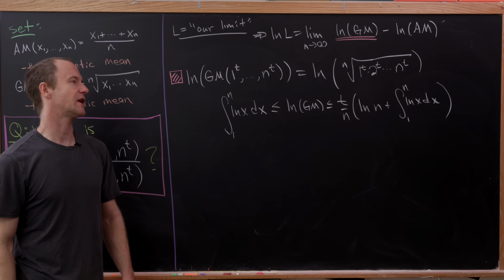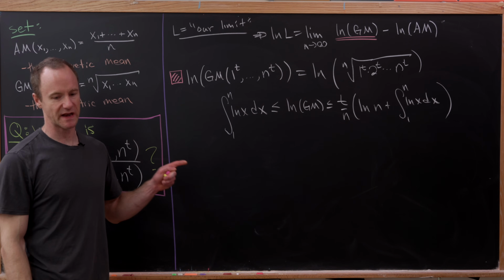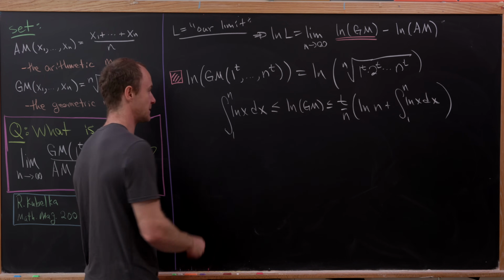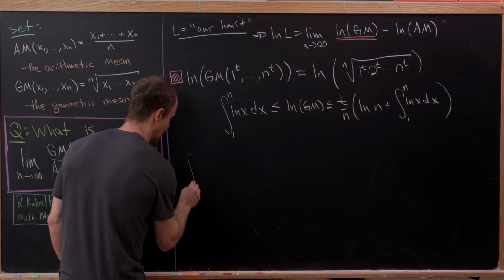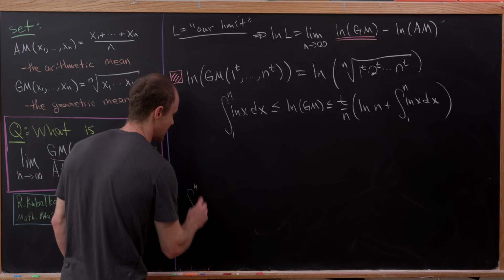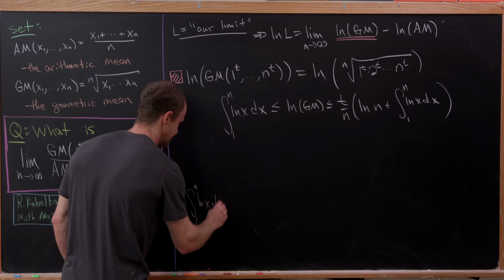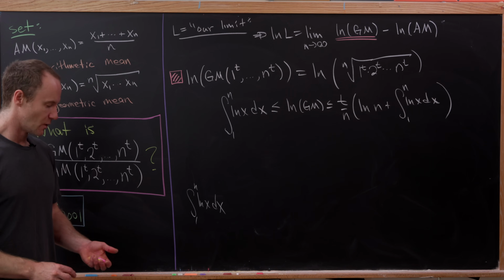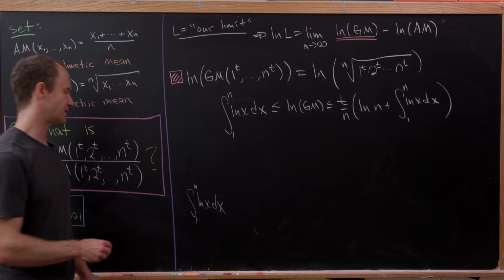Okay, so this is the inequality that we built on the last board, and now we'd like to simplify this to get the integrals out of here. So let's see how we could do that. So both of these involve the integral from 1 to n of the natural log of x dx. So the real question is, how do we do that integral? Well, we're going to do it with integration by parts.